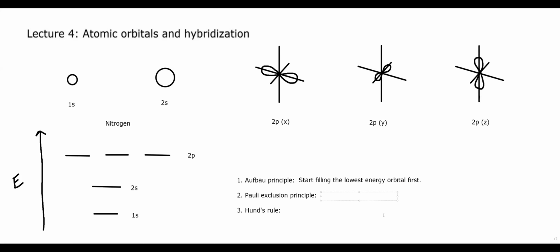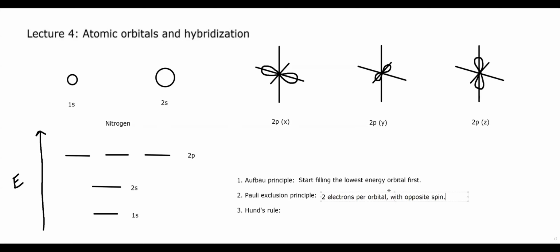Okay, and then there's the Pauli exclusion principle. This principle states that you can only have 2 electrons per orbital, and they should have opposite spin. Okay, so let's put that here. 2 electrons per orbital with opposite spin.